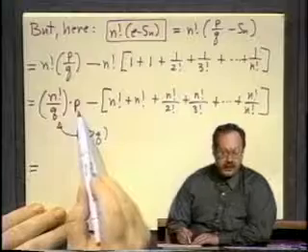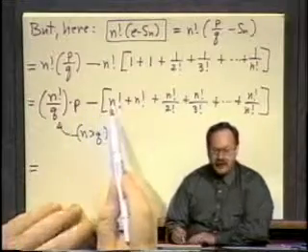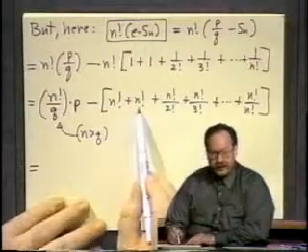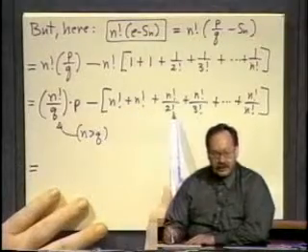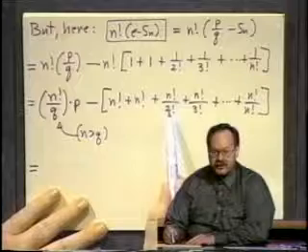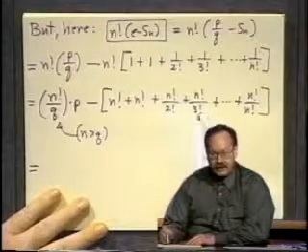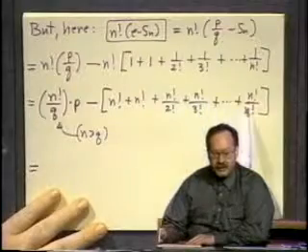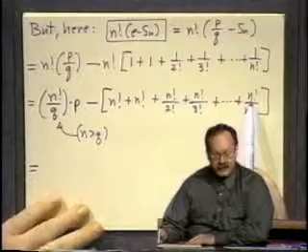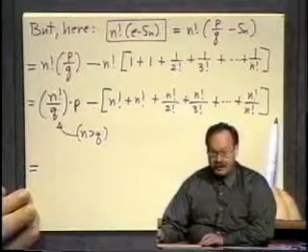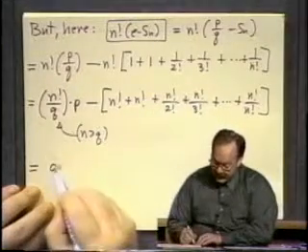This times p remains an integer, minus, and I claim every one of these is an integer too. These n factorial terms are certainly integers, and the same argument holds as over here. n is bigger than 2, so 2 factorial divides into that. 3 factorial divides into this. n factorial certainly divides into itself. So the upshot is, whatever this entire expression is, and I don't care about the details, it is an integer.